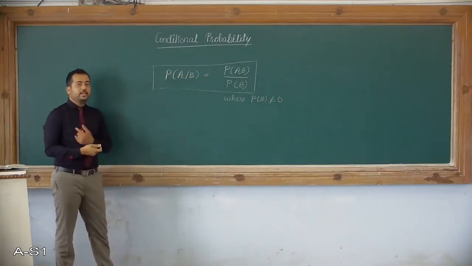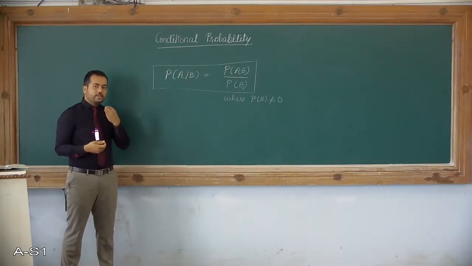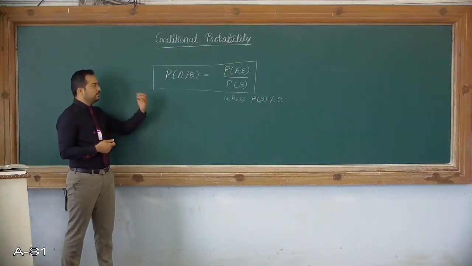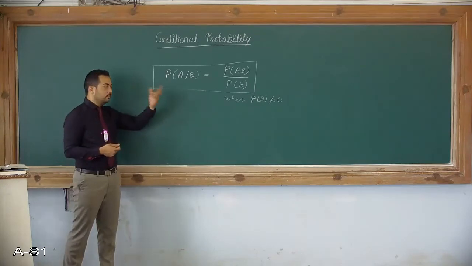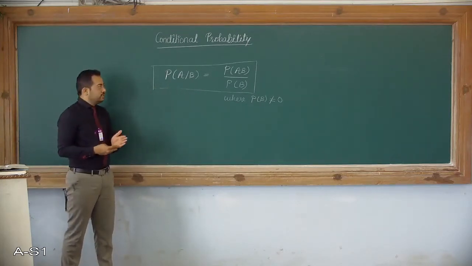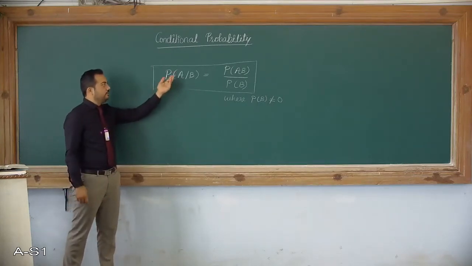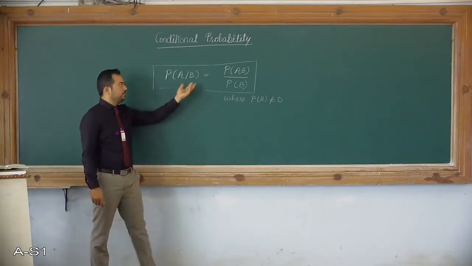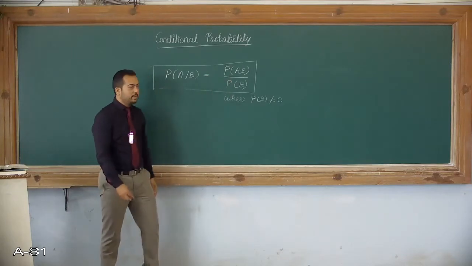That means there is at least a small chance that event B is occurring. Considering that chance, the probability of A given B is the probability of AB together divided by the probability of B.